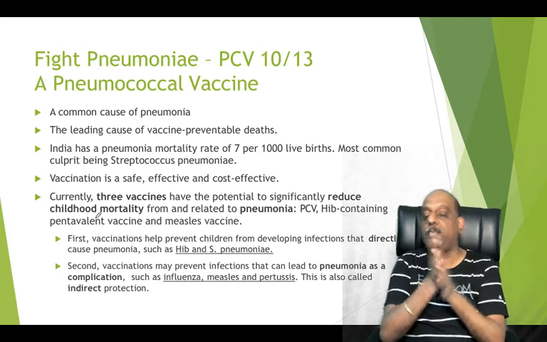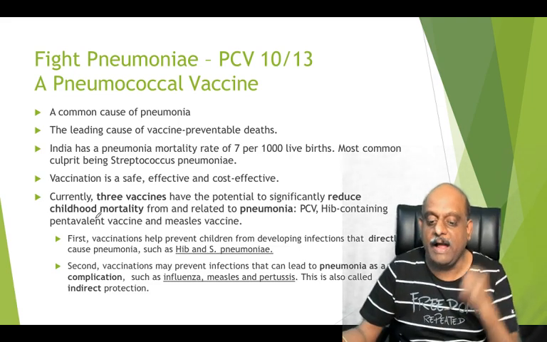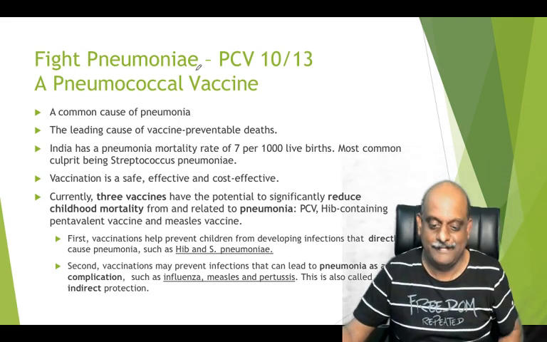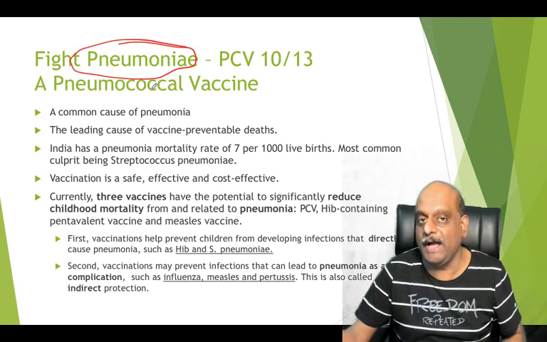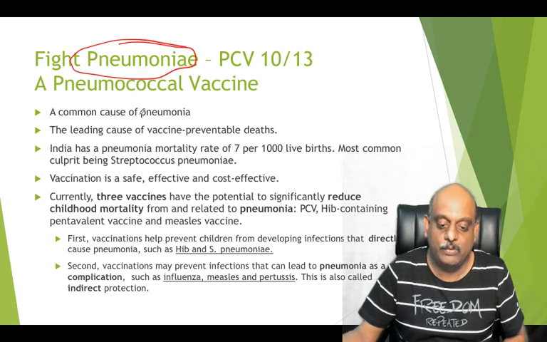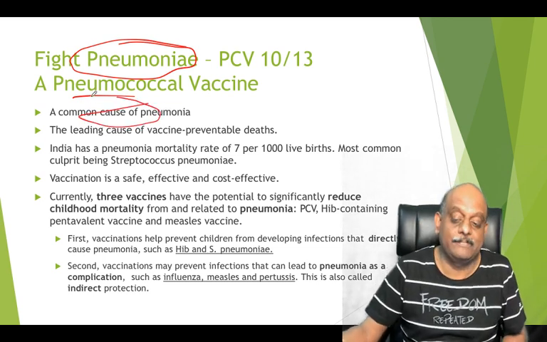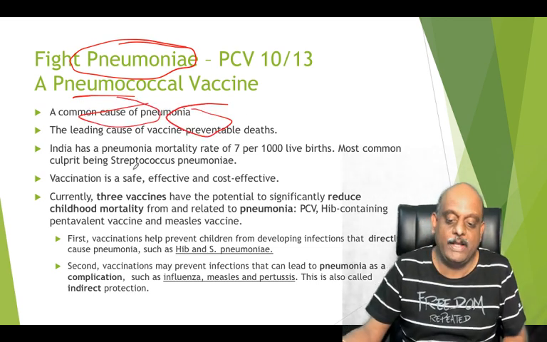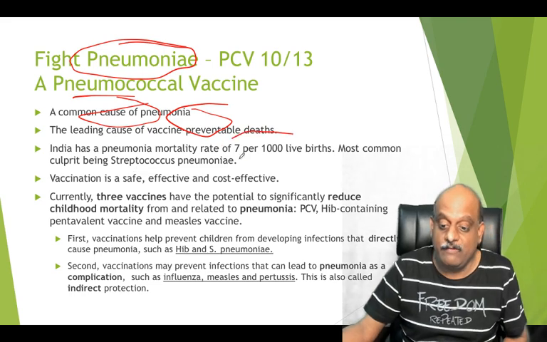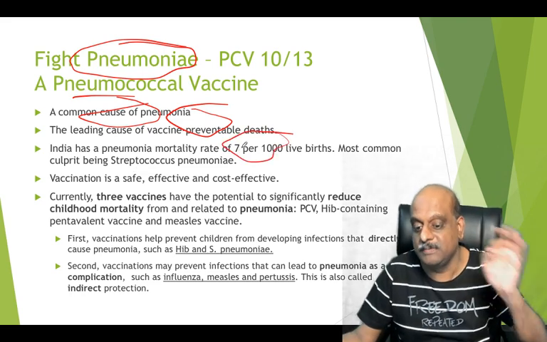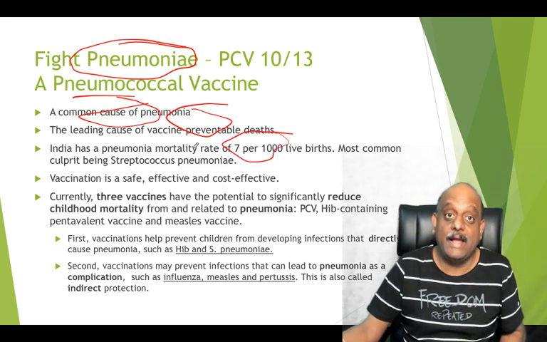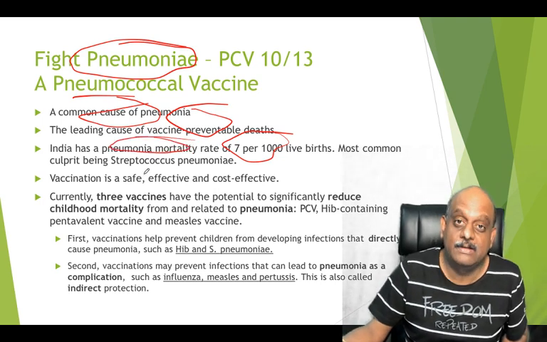Now, what is the next important initiative, doctor? Fight pneumonia. Fight pneumonia. Pneumococcus is the common cause of pneumonia. Vaccine preventable pneumonia. India has a pneumonia mortality rate of 7 per 1,000 live births.